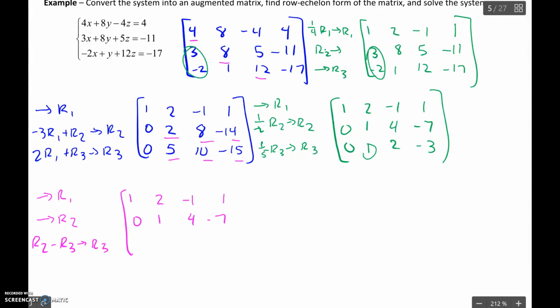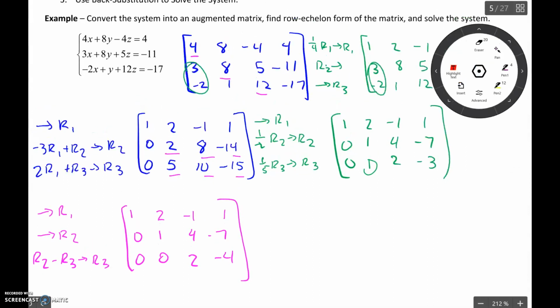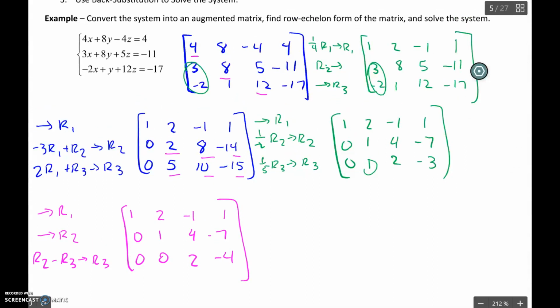And then I have 0 minus 0 is 0, 1 minus 1 is 0, 4 minus 2 is 2, -7 plus 3 is -4. We are in triangular form. We could solve this now, but it did tell me to find row echelon form. This is not row echelon form. I still need to make that last row right.